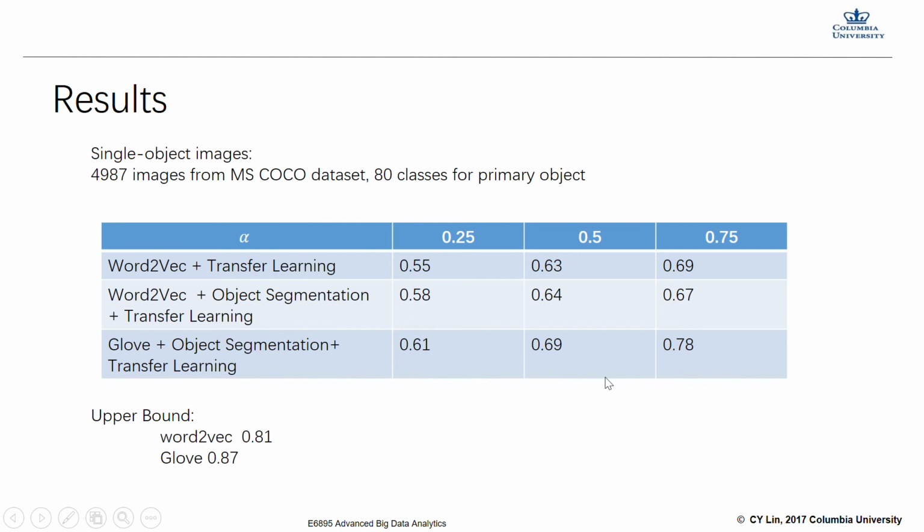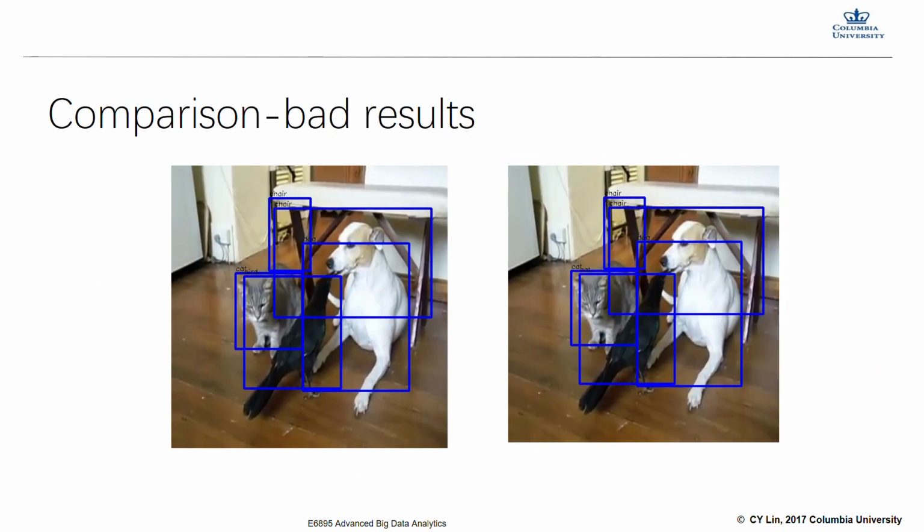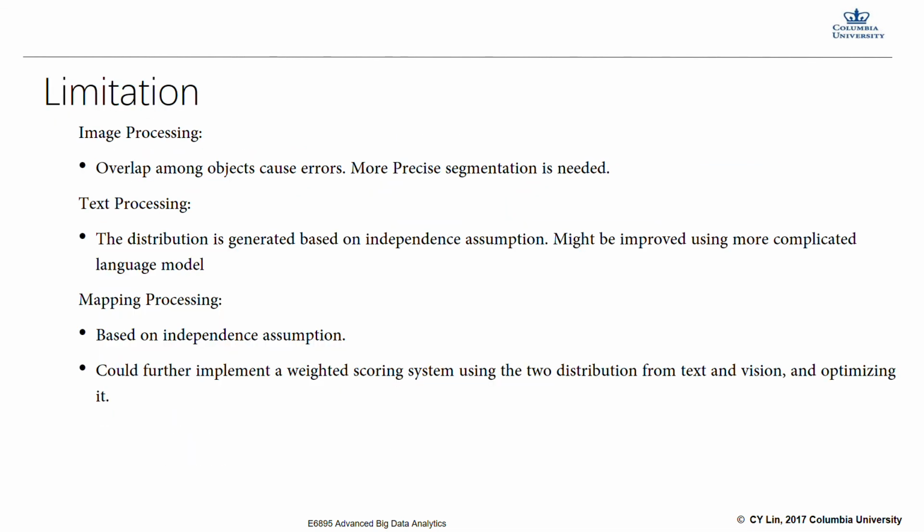Actually, it's quite good, but as we saw before, there do exist some limitations, like the overlap among objects causing errors. Because you can see in the pictures, sometimes it gets confused because it predicts too many bounding boxes. And in the text part, the distribution is generated based on independence assumptions.